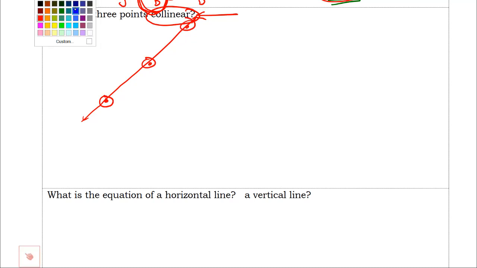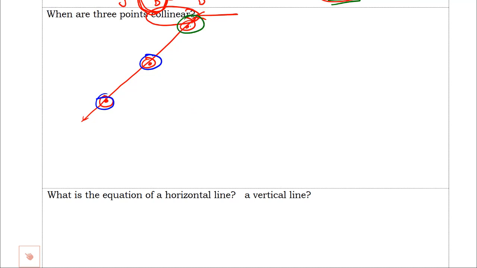So one way is to take any 2 points and find the slope. Then you take the 3rd point and any of the others. Either one, either this or this, doesn't matter. And if the slope's the same, you're in good shape. Now the points are collinear. Okay?